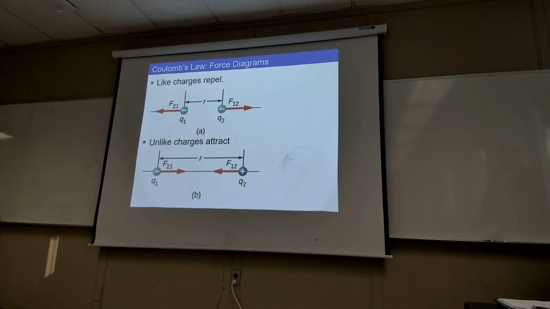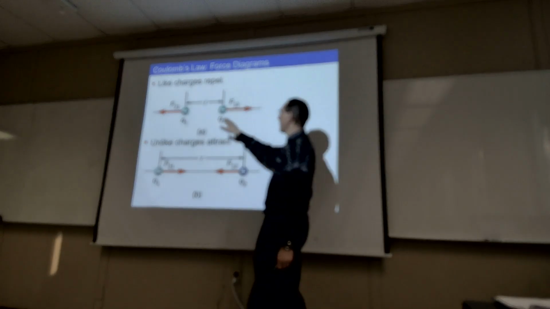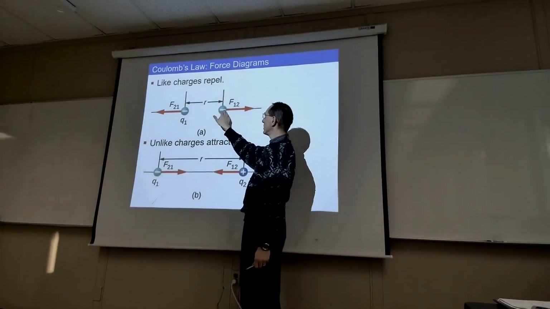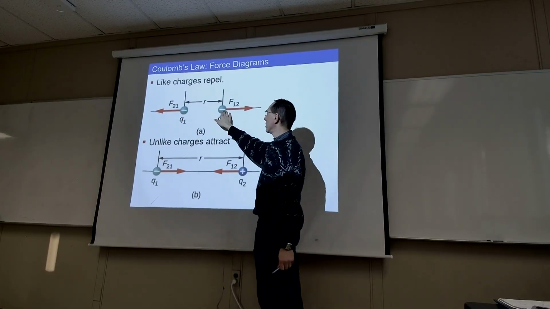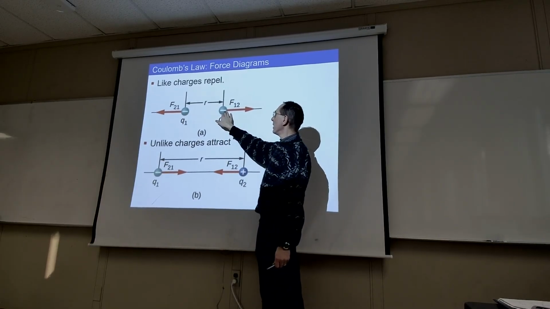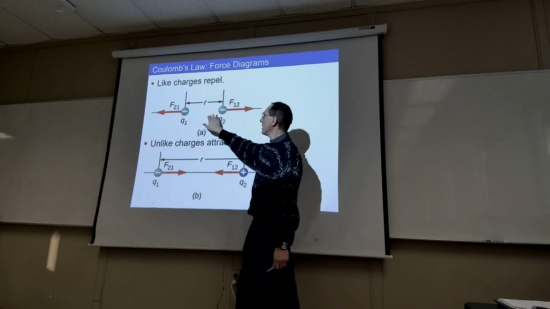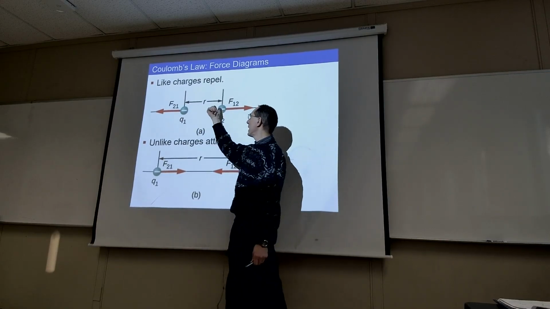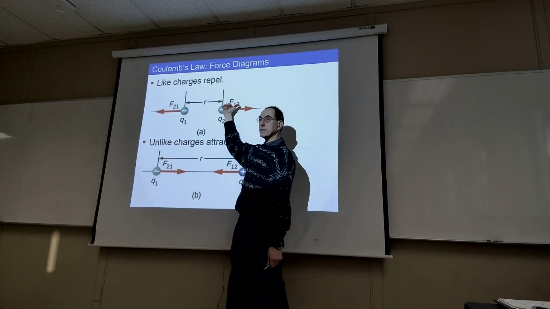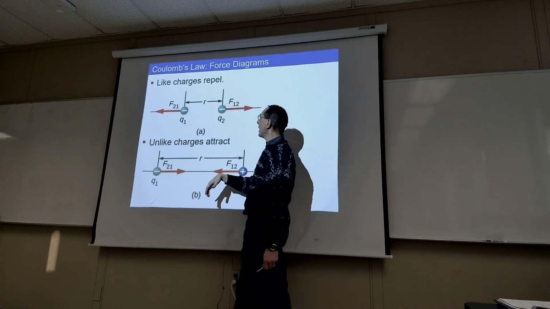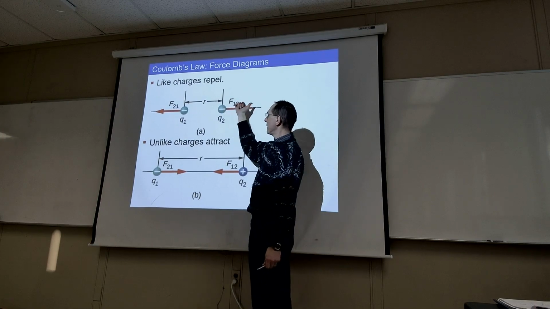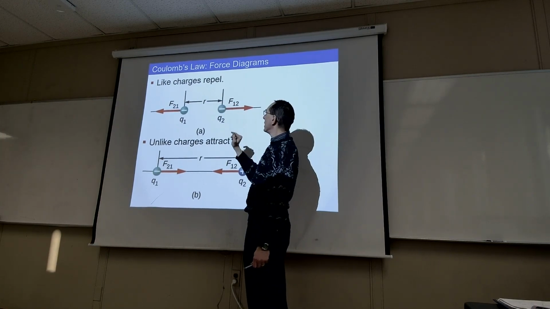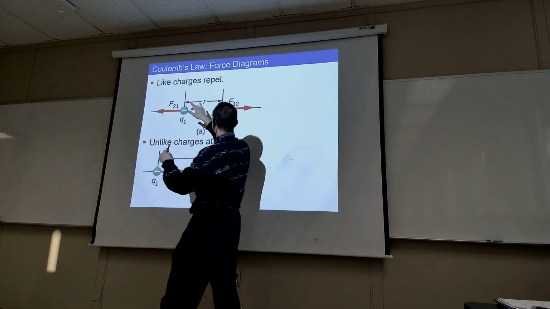So in this case, suppose we want to calculate F1 on 2. This notation means the force of 1 on charge 2. Well, the radial unit vector that points from my source charge to my test charge is to the right.